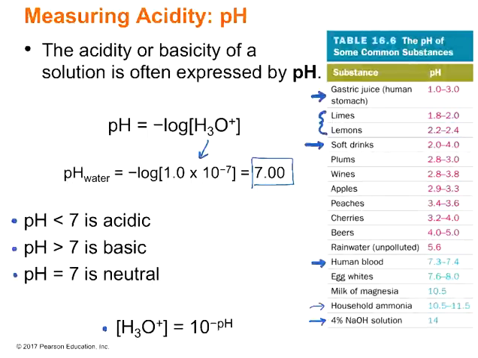So we could always go back and figure out, for instance, in our stomachs, the pH is 1 to 3. So what is the concentration of those hydronium ions in our stomach? We could also figure out how many hydronium ions we have in human blood or in household ammonia.